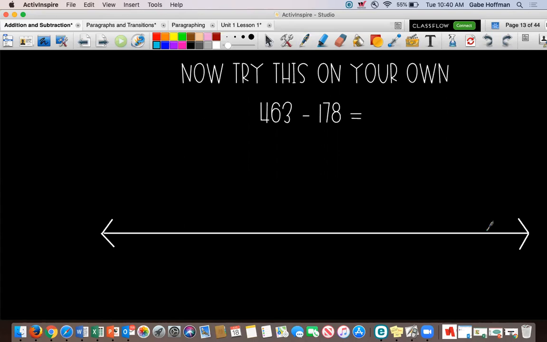I made my number line, and I started with 463. All right. And then minus 100. Got 363.